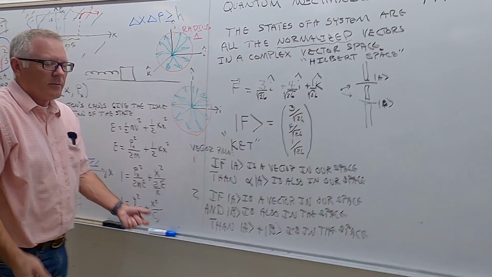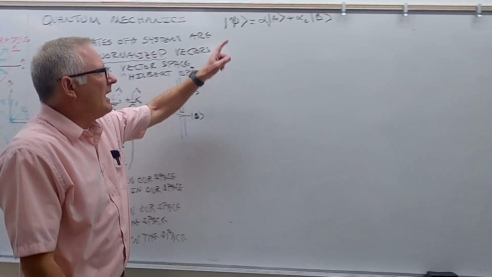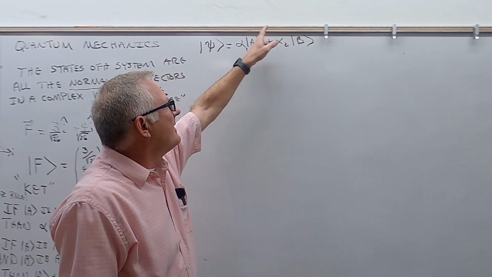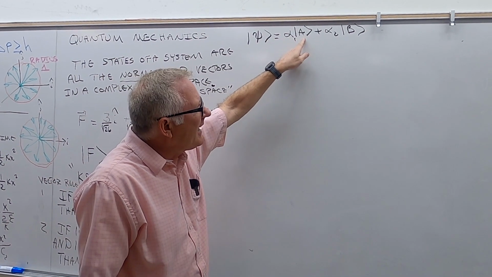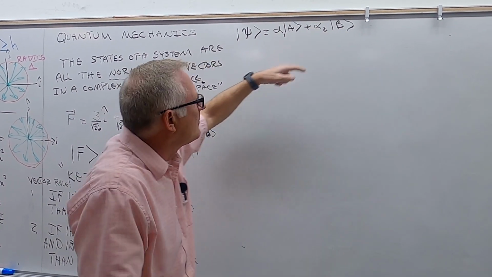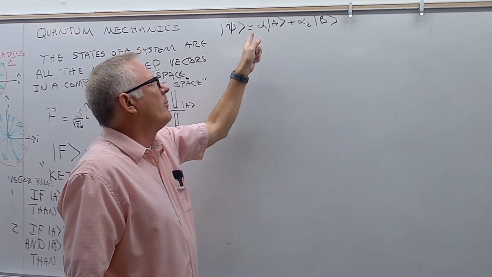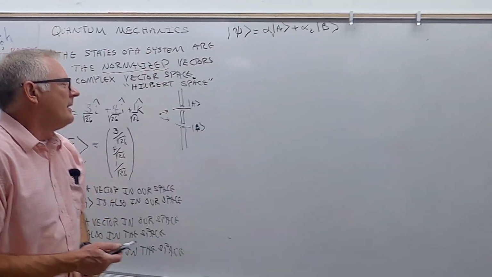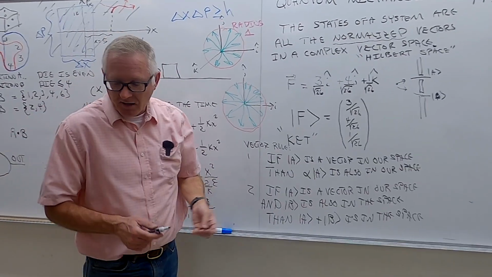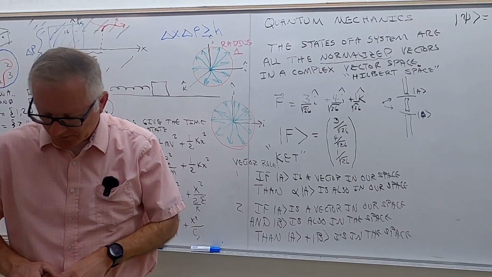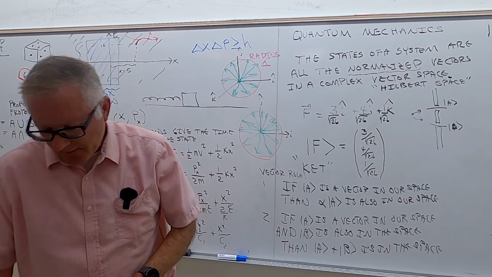That way I can normalize it. To normalize it means this vector has to have a length of 1. We already know A has a length of 1 and B has a length of 1, but when you put it together, you've got to put the right constants in here. Now for us, alpha can be a complex number, because this is all a complex vector space.